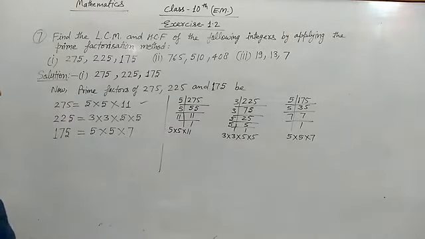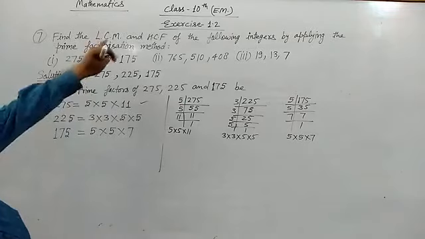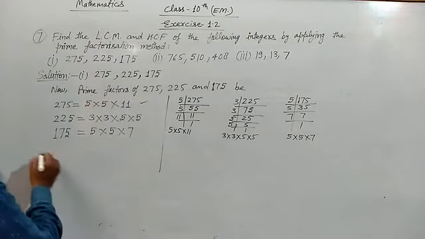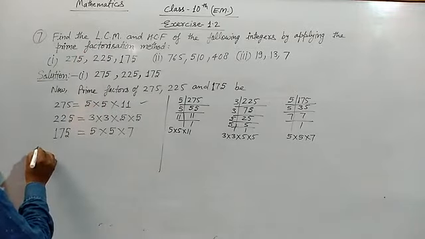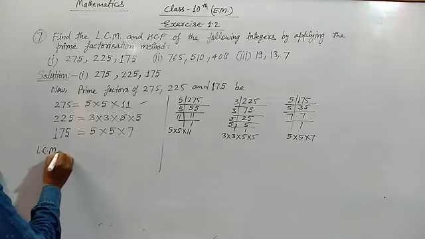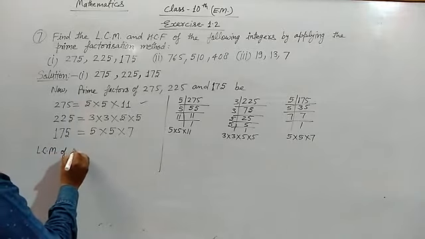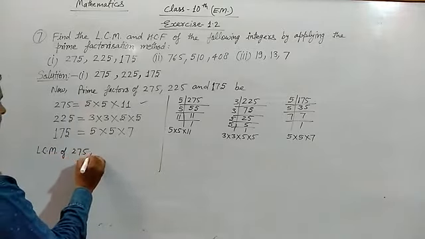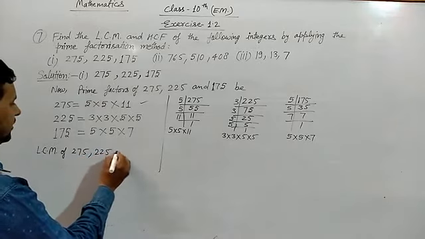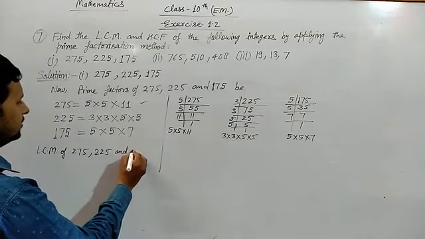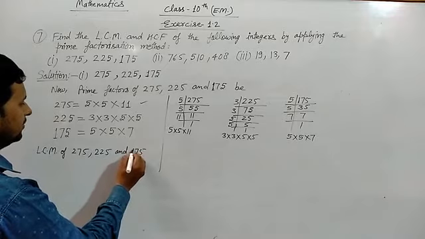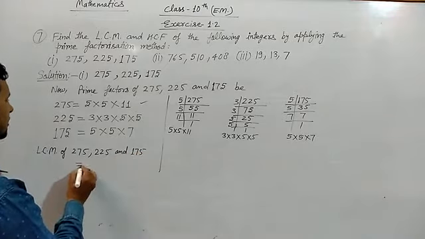Now very easily we have to find the LCM of these three numbers. We can write the LCM of 275, 225 and 175 is equal to what?